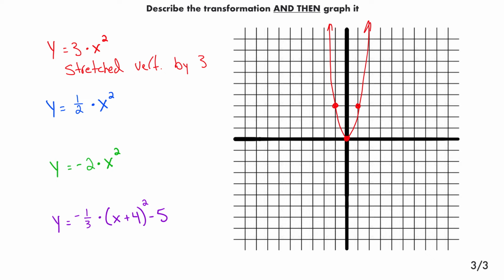Number 2, the 1/2 is going to compress it. So this is compressed vertically by 1/2. These are going to make all the heights half of what they normally are. So it still starts at 0, 0, but instead of right 1, up 1, the up 1 is going to be cut in half to a 1/2.